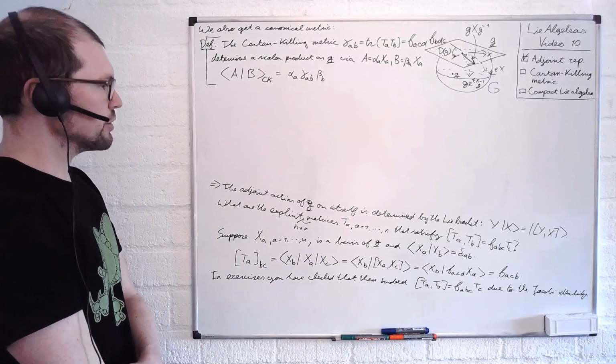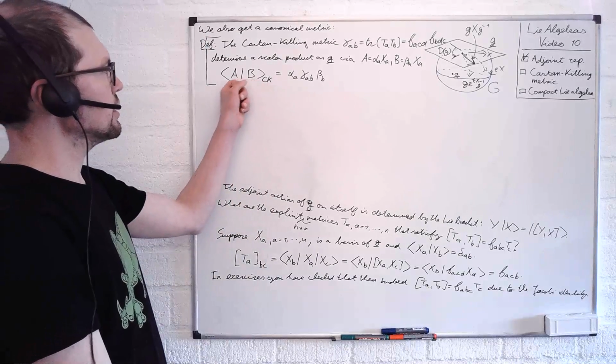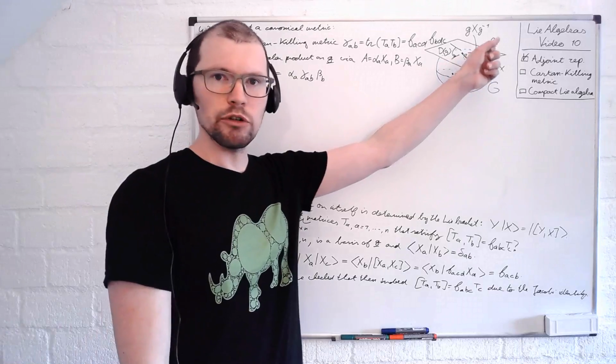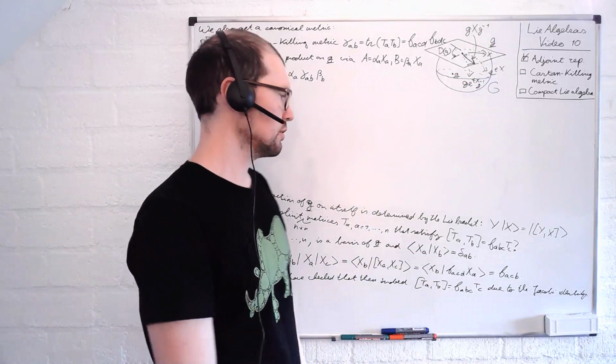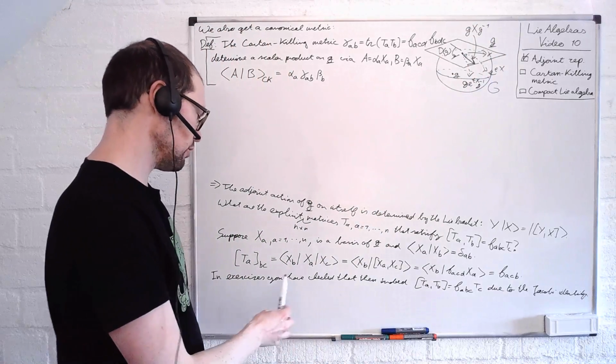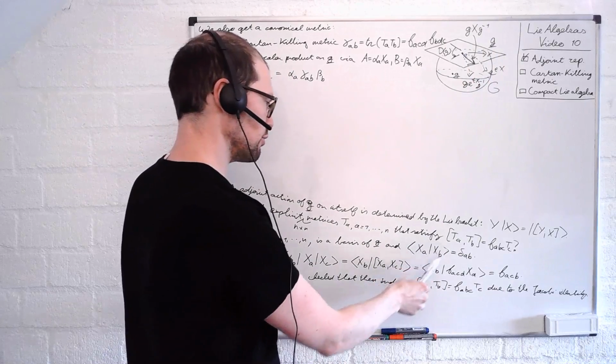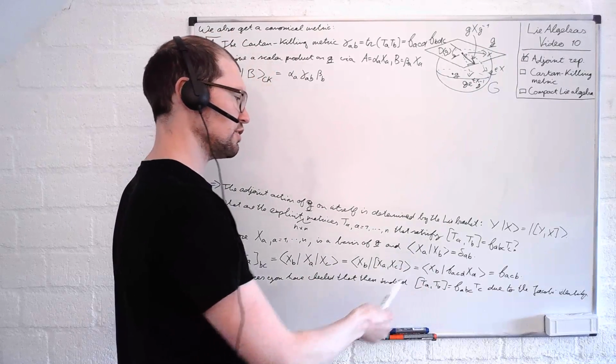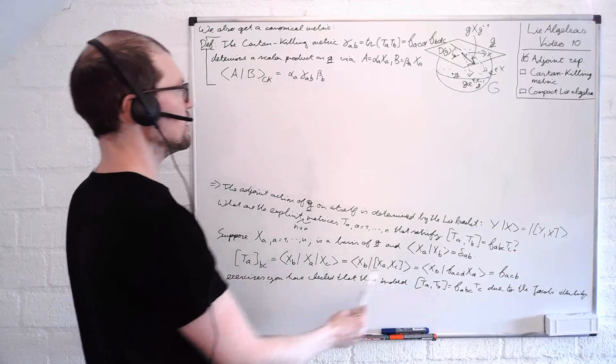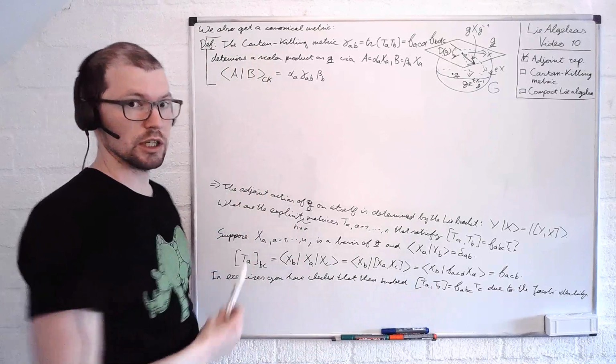And that is always quite useful, to have a well-defined inner product or scalar product on the Lie algebra. In fact, here we already used some scalar products, so here we could have insisted that this scalar product is just the canonical one that comes from the Cartan-Killing metric.